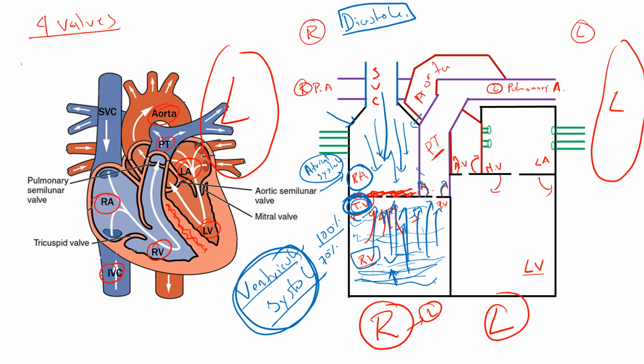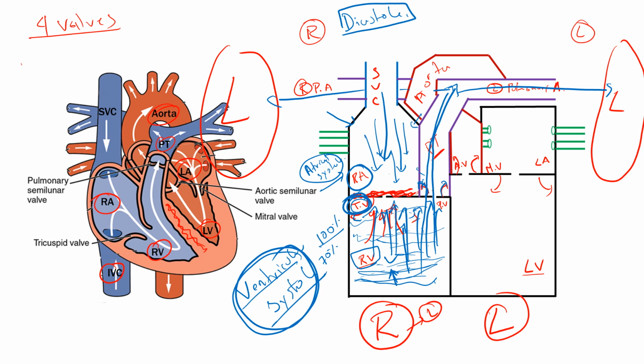And once the pulmonary valve opens, then the blood will go towards the pulmonic trunk, and from the pulmonic trunk, this deoxygenated blood is trying to reach the lungs to get oxygenated, right?